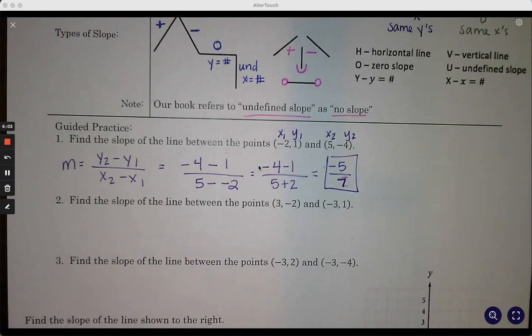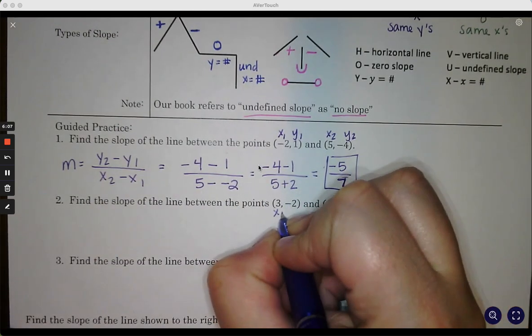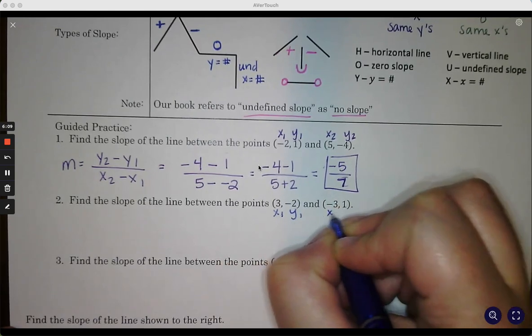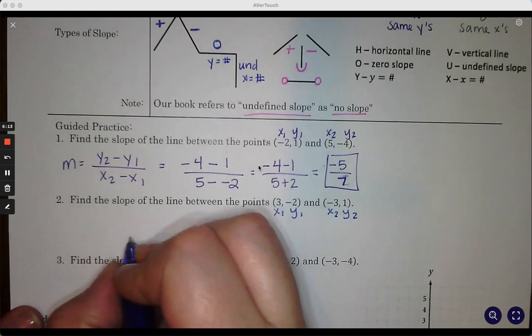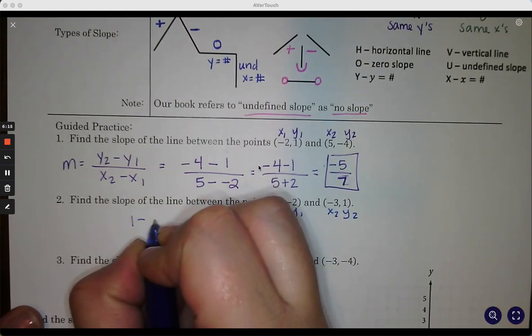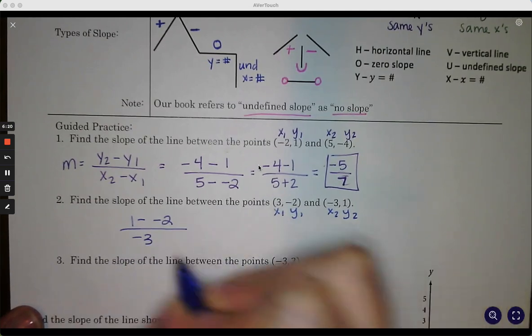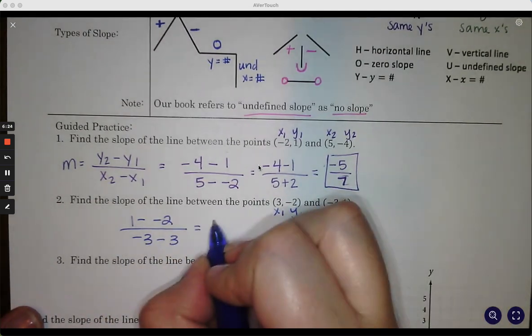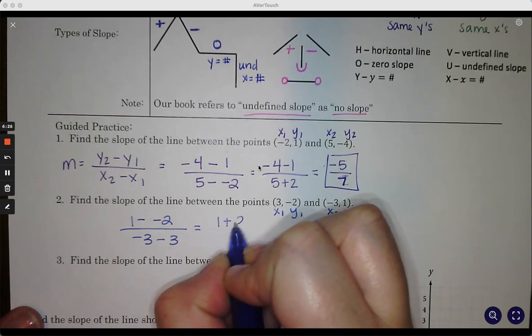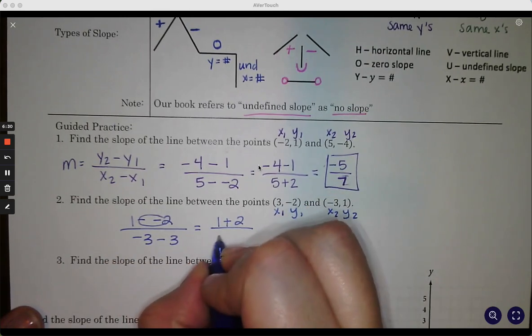Okay, find the slope between the next points. So I'm just going to go ahead and label these x1, y1, x2, y2. Plug them in. So y2 minus y1 over x2 minus x1. Two negatives equal a positive when they're next to each other, just like that.